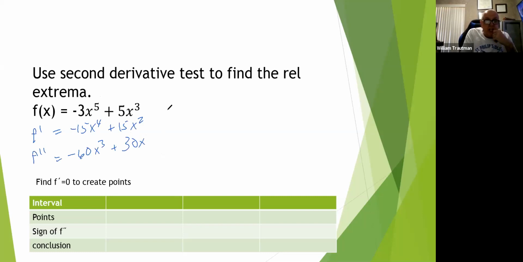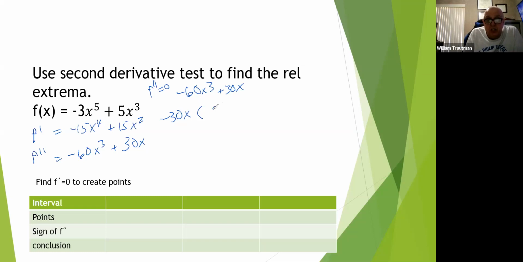We have to find out where the second derivative equals 0. And we have negative 60x^3 plus 30x. Factor out a 30x. And I get, actually, you can factor out a negative. I like to factor out a negative. If the first term is negative, factor out a negative.